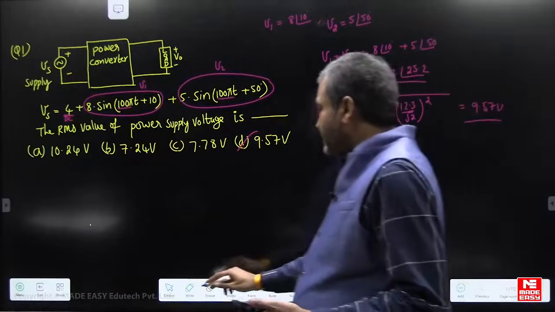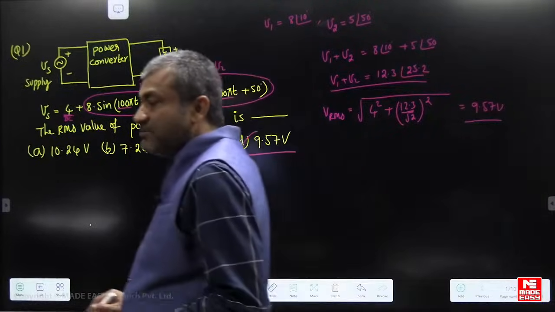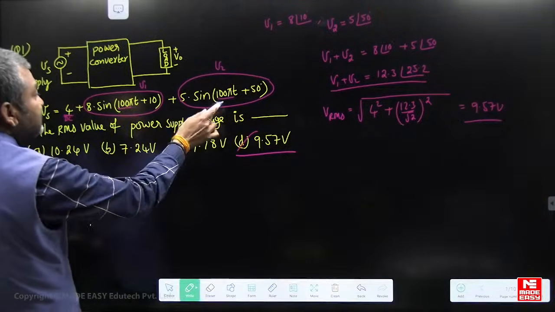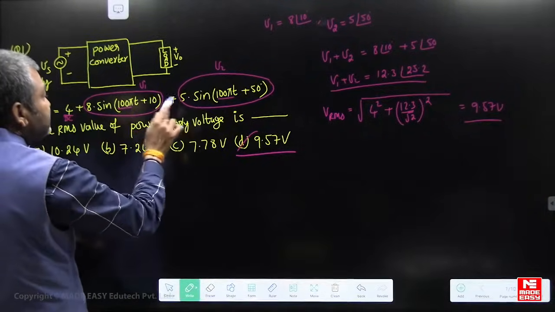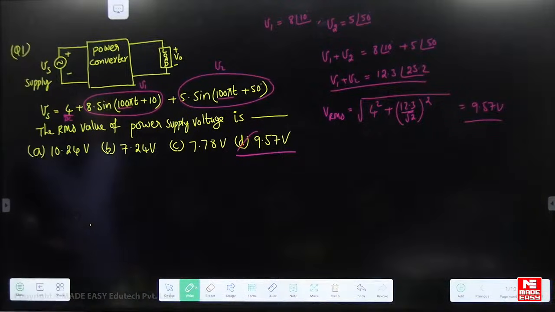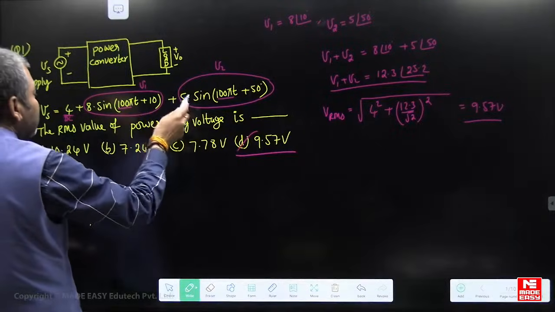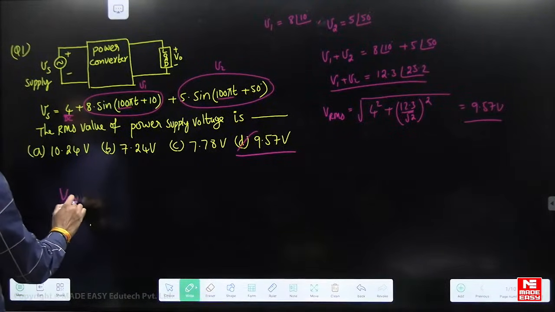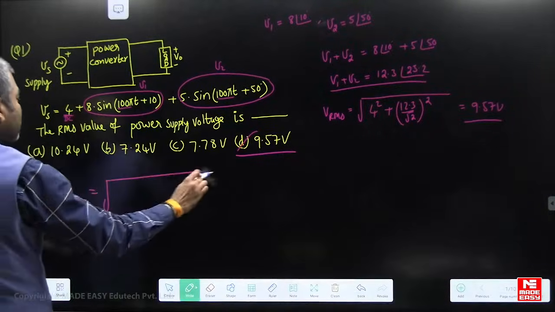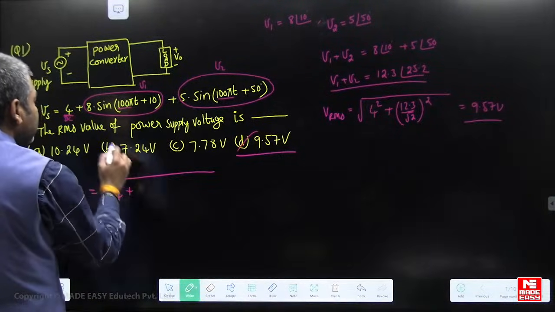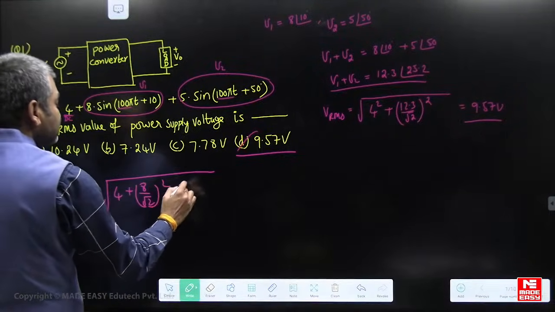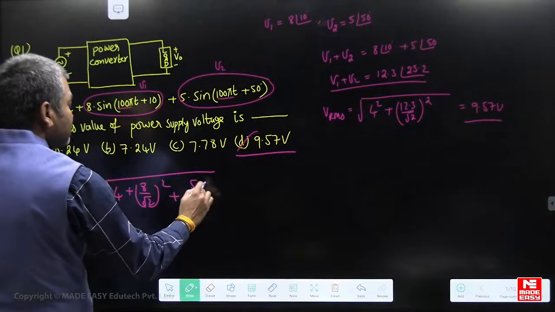The answer is option D. Most of the students make a mistake here. Actually the frequencies are the same, so that is the important point you have to write. But normally when harmonics are there, the frequencies are different, and most of the students will do it like this: Vrms is equal to under root of 4 square plus 8 by root 2 whole square plus 5 by root 2 whole square.